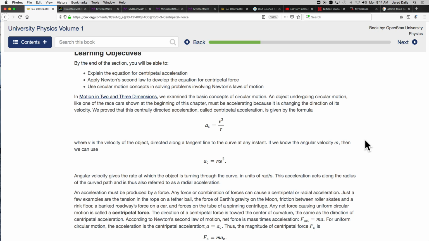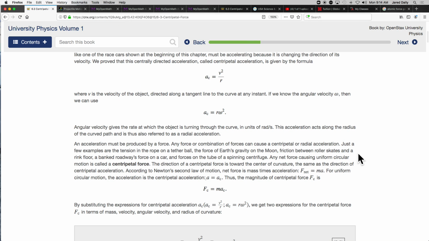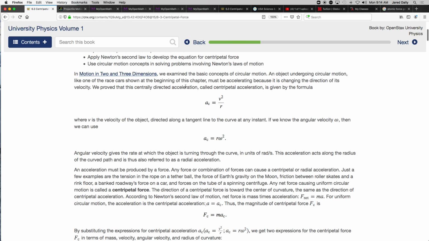There are a couple of equations that we can learn about this. We've already learned that the centripetal acceleration equals the speed along the edge of the circle squared divided by r. And if you use the conversion between linear or tangential speed along the edge of a circle and angular speed, or how much angle you're going through, then centripetal acceleration also equals r times omega squared.